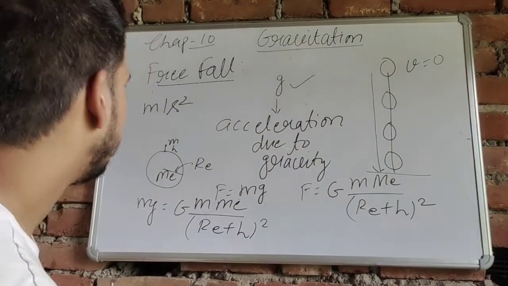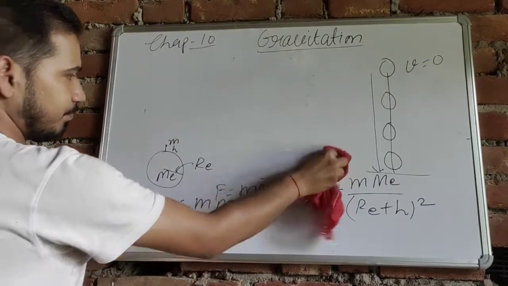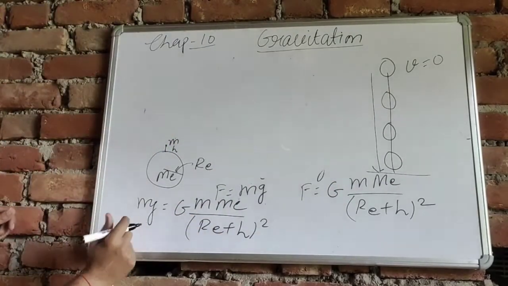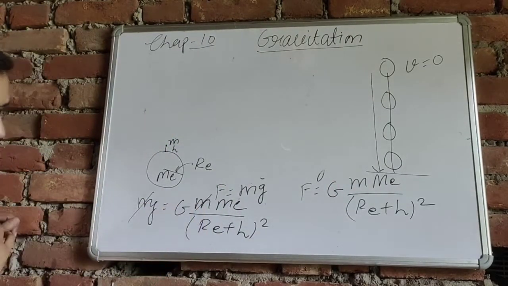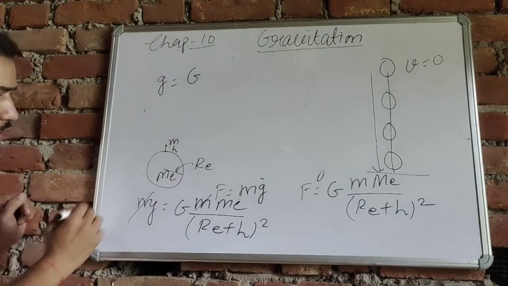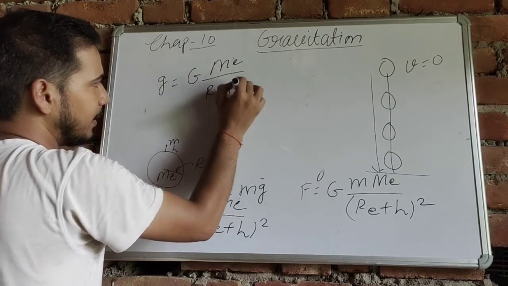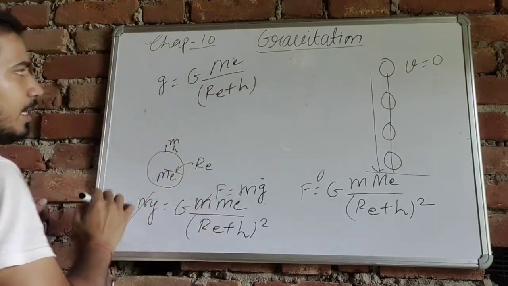So in this way, we can eliminate small m, and we can write small g equals capital G Me upon (Re + h) square.